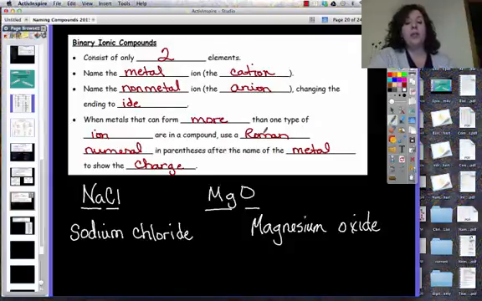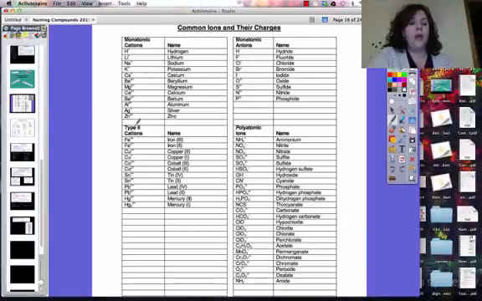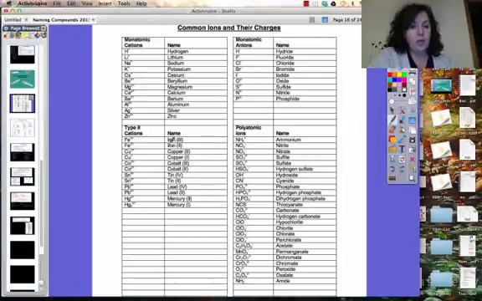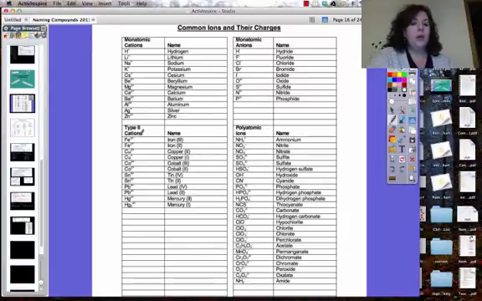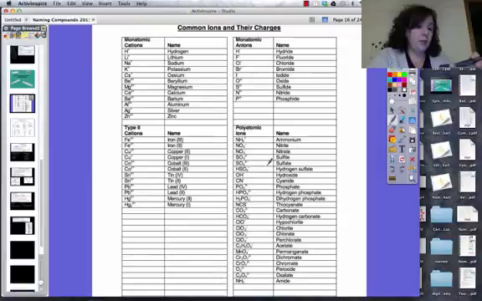Now, how do we know we didn't need to use the Roman numeral? Well, you can look at this chart. On this chart, you have something called type 2 cations, and these are the ones that have more than one charge, and the Roman numerals are beside them. These are the common ones. Basically, what you look at is anything on the periodic table that's a transition element, that's in the middle of the periodic table.